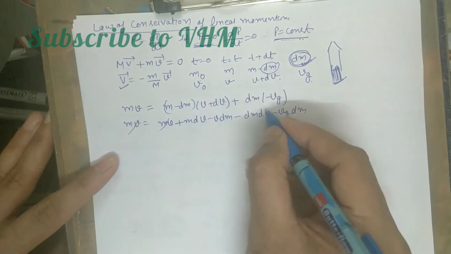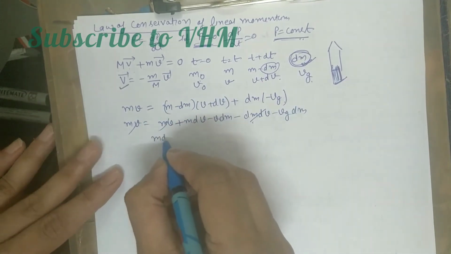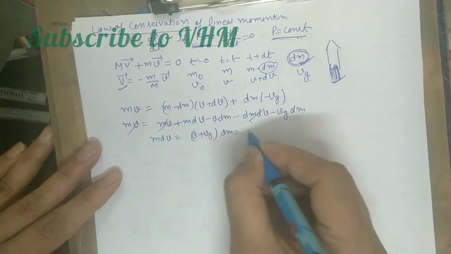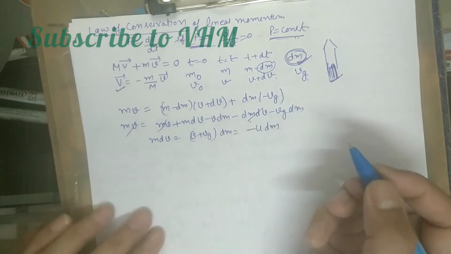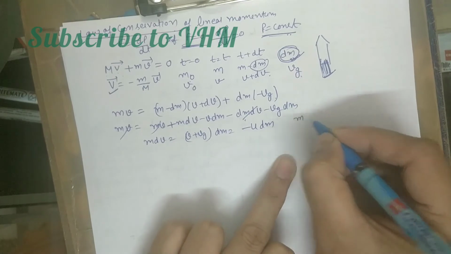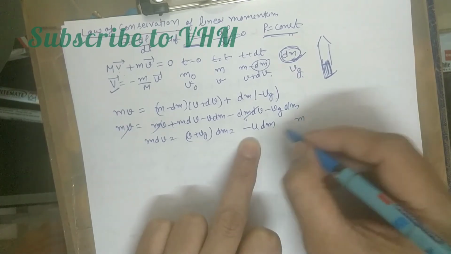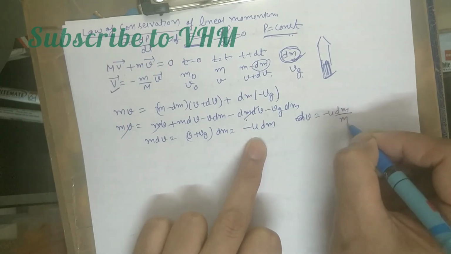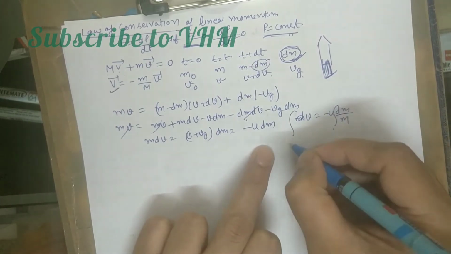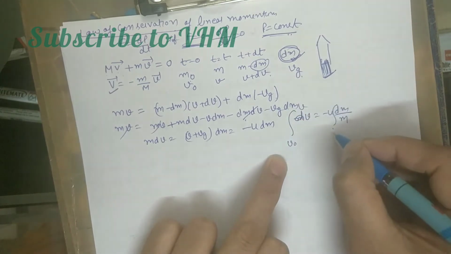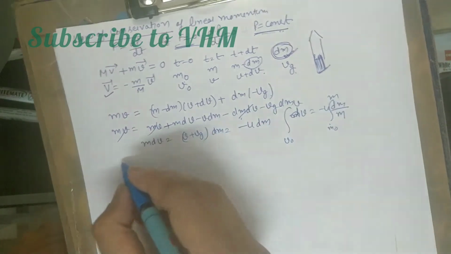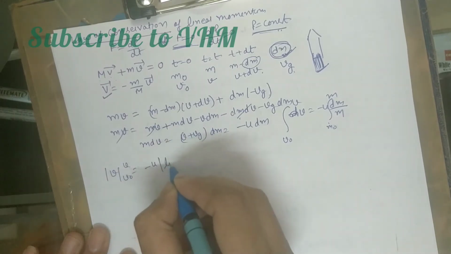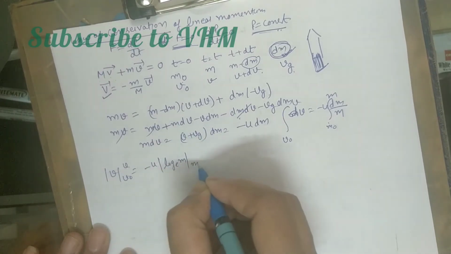So we neglect the dm dv term, and we get the term vg dm, and here we say it is the relative velocity u. By using this, we write dv equals u dm upon m, we integrate this term from initial to final, and we get the final velocity minus initial velocity equals u log e of m naught by m.